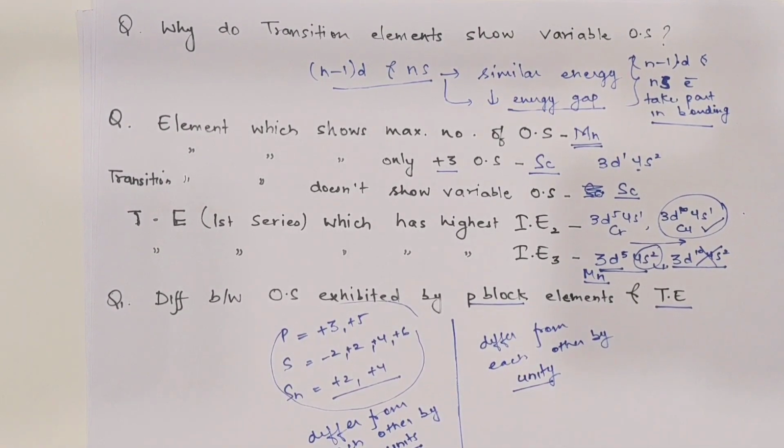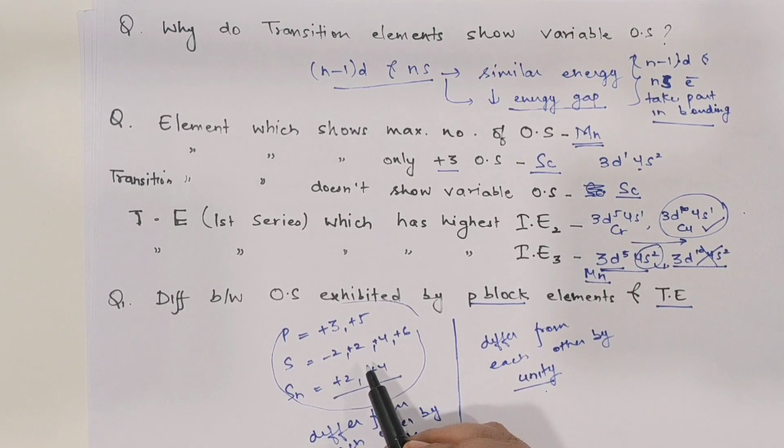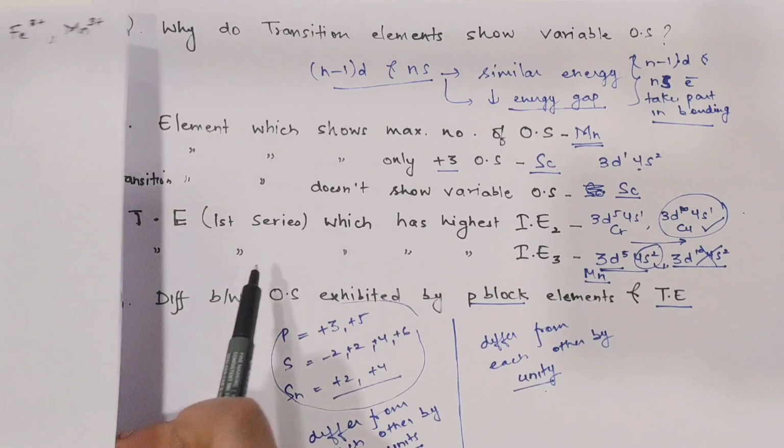Okay, so if an element shows +2 oxidation state, it will also show +3, +4, +5, +6, +7. Example, manganese, right? So they differ from each other by unity, whereas in p block, the difference between the two oxidation states is 2. Okay, so that is the difference between oxidation state exhibited by p block elements and transition elements.